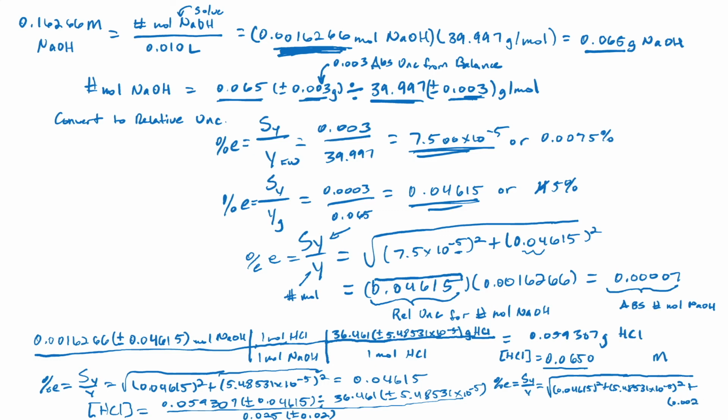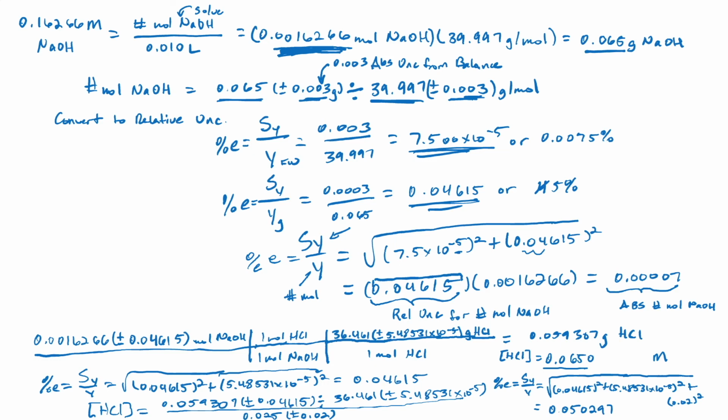Oh, sorry, one too many zeros. Let me fix that. Got a little ahead of myself there. There we go. 0.002 squared, right? And so when we do that, we get that equals 0.050297. Okay, so that's our relative uncertainty.